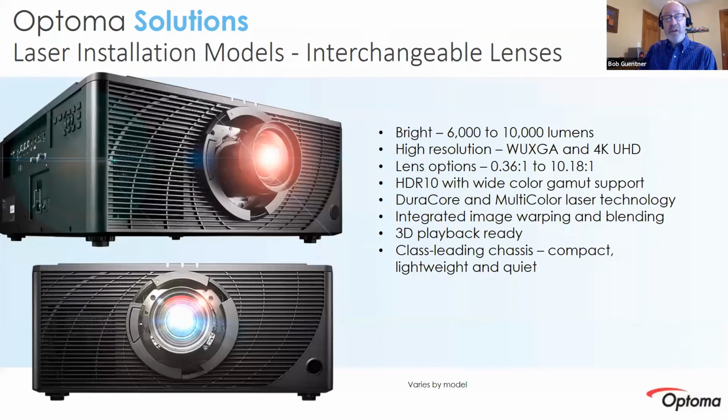Also, the projectors can be daisy chained together so you can link multiple projectors for edge blending 3D applications. Another benefit of the Optoma interchangeable lens models is that they are designed to be relatively compact and lightweight and have lower fan noise than many competitive models.